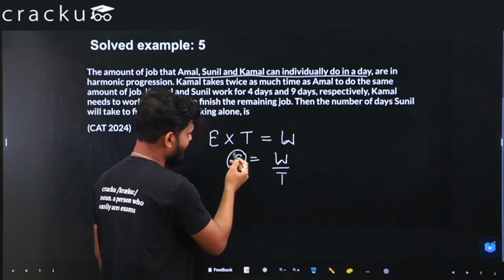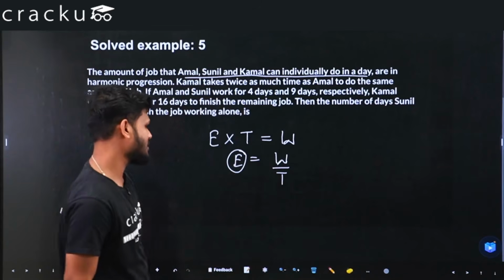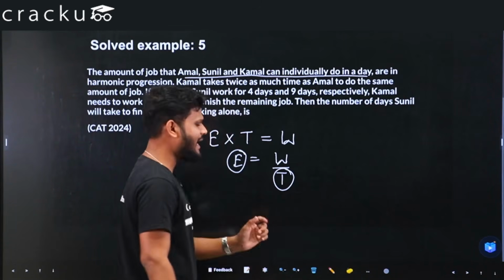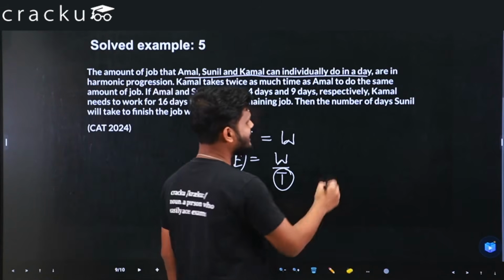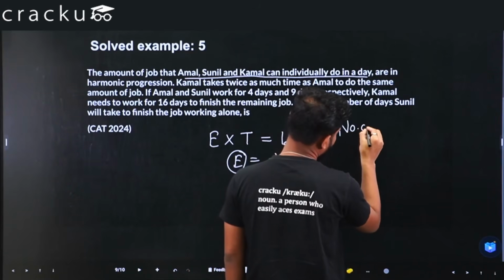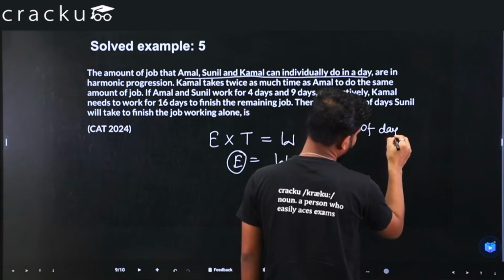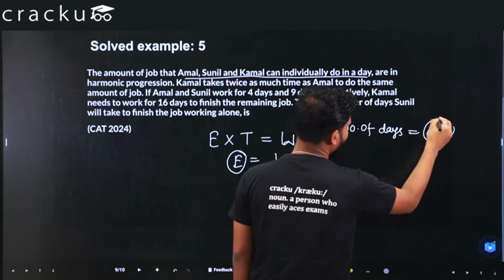So this efficiency of each of them is in harmonic progression. What does it mean? It means that 1 by T is also in harmonic progression. It means that the number of days is in AP. So the number of days they take is in AP.